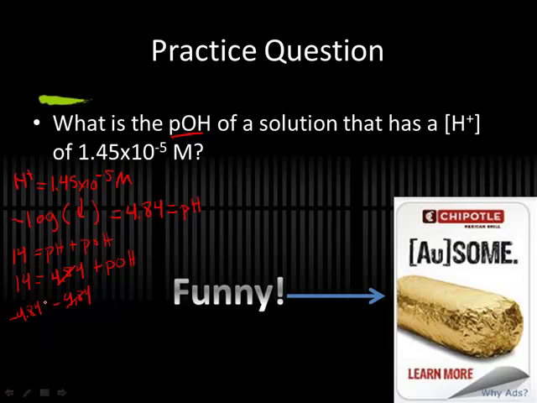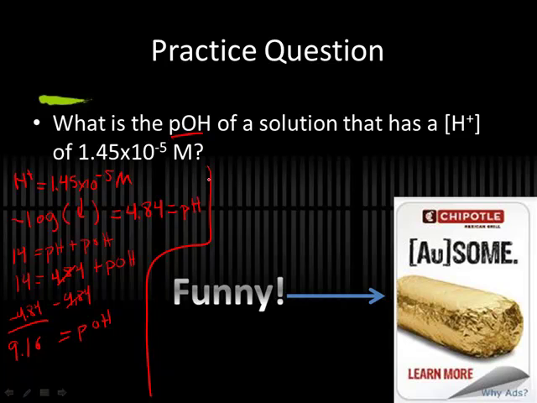Then we get 14 minus that gets us our answer of 9.16. 9.16 equals your pOH. That's going one way under the pH polygon. However, we can do it another way, so I will show you that one as well.